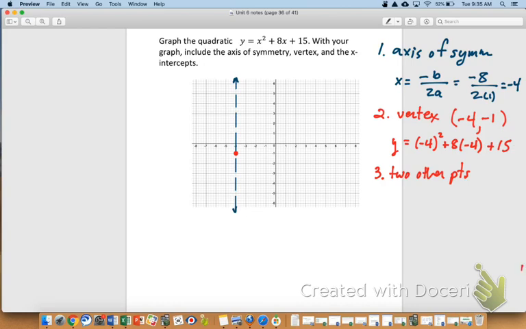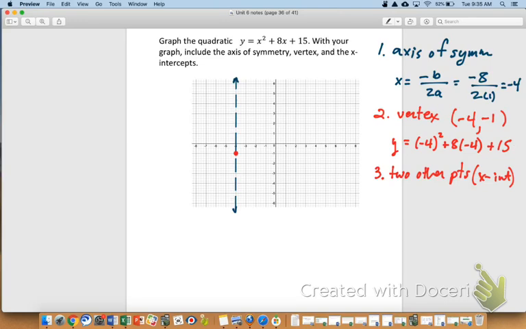So I'll just put, x-intercepts. Anybody have any ideas on how I could find those x-intercepts, the place where the parabola hits the x-axis? 0 for what? No, not 0 for the x. 0 for y, right? Remember how I replaced the y with 0?